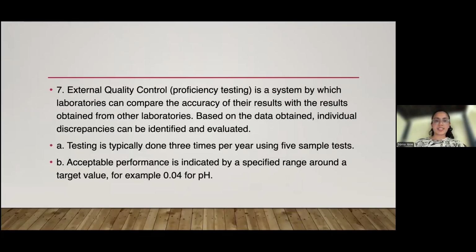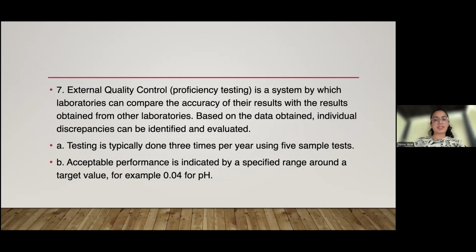So external quality control is the system by which laboratories can compare the accuracy of their results with the results obtained from other laboratories. 2 laboratories can compare their results, and that is what we mean by external quality control. Testing is typically done 3 times per year using 5 sample tests.